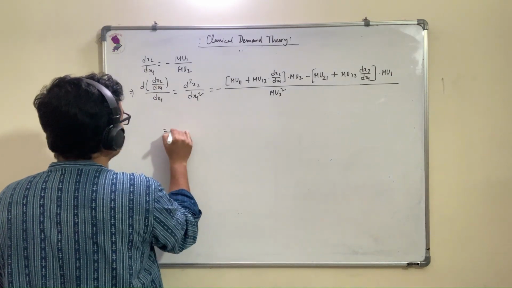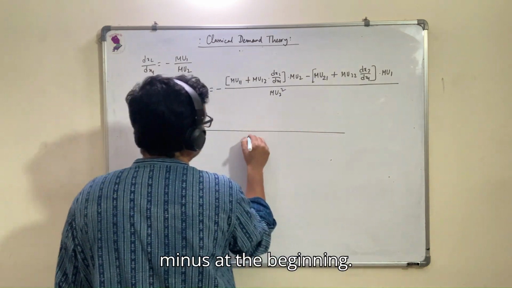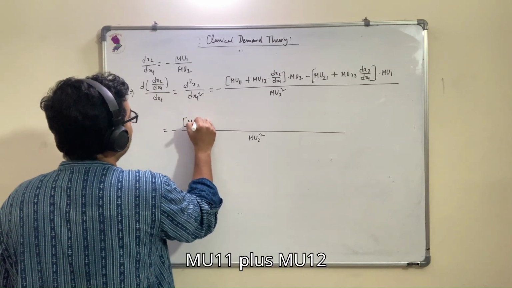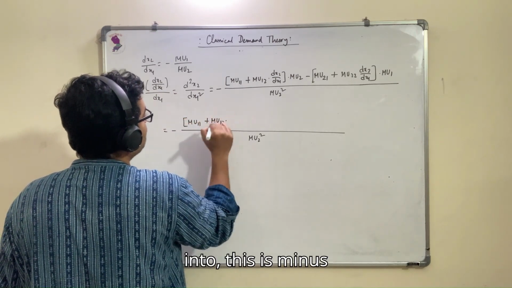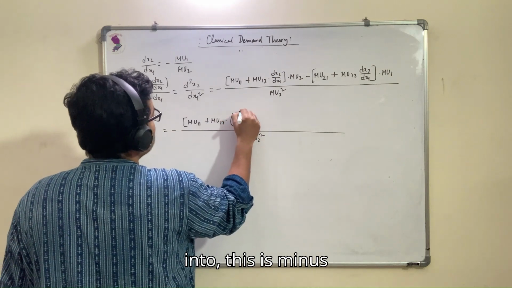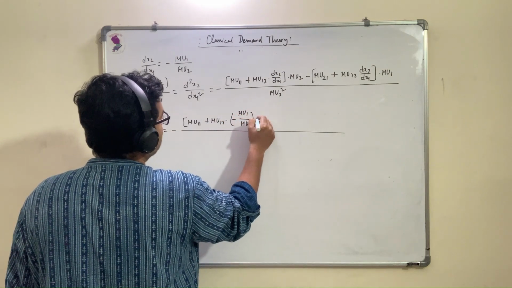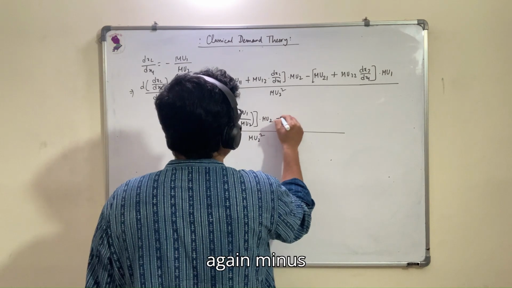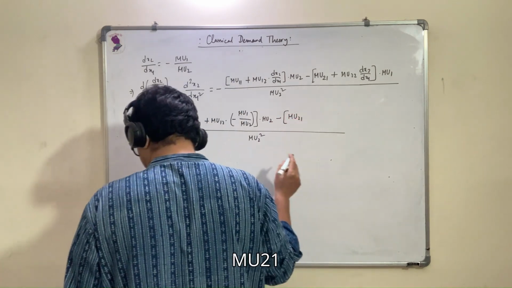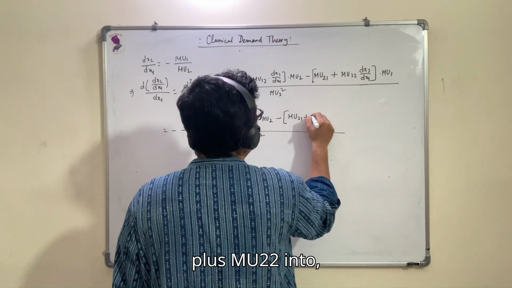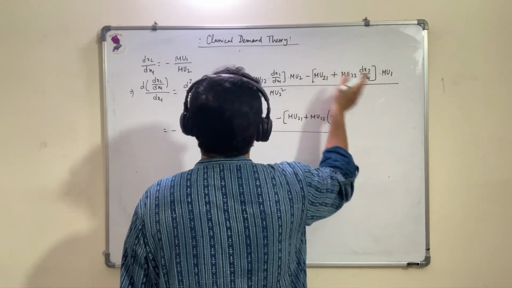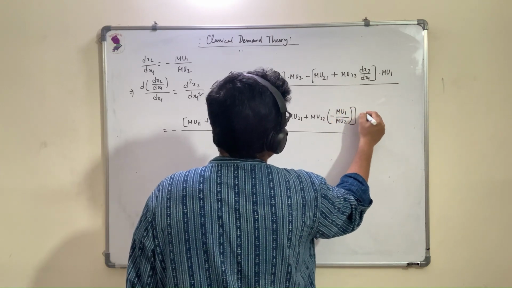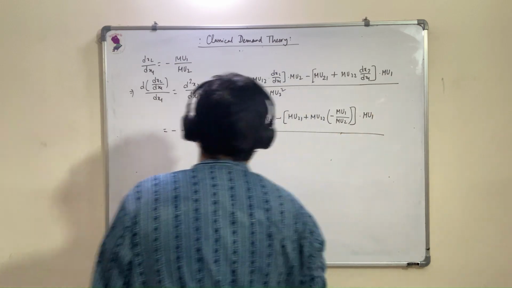Right? Minus at the beginning. So now we are going to replace dx2/dx1 in mu11 plus mu12 into, this is minus mu1 by mu2, into mu2, again minus mu21 plus mu22 into, again putting that, minus mu1 by mu2, multiplied by mu1.